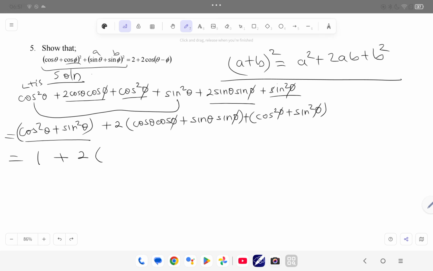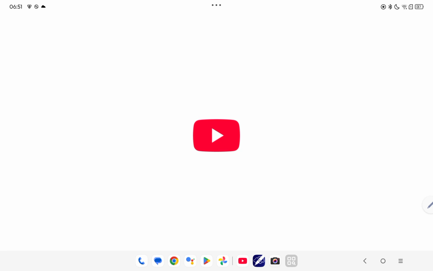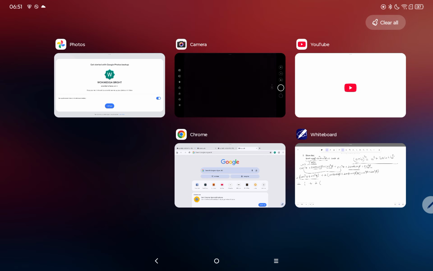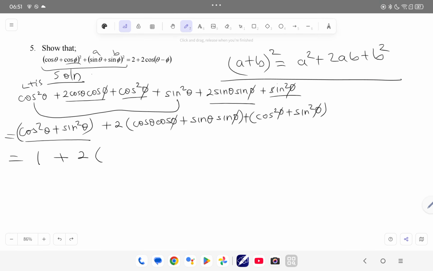Now when you look at this one in the bracket here, it is the same as saying cos theta minus phi from our addition formulae. This is cos theta minus phi, then plus a 1 the other side.